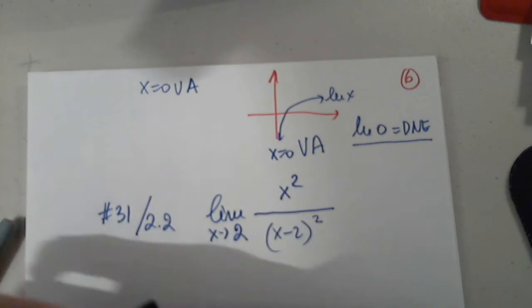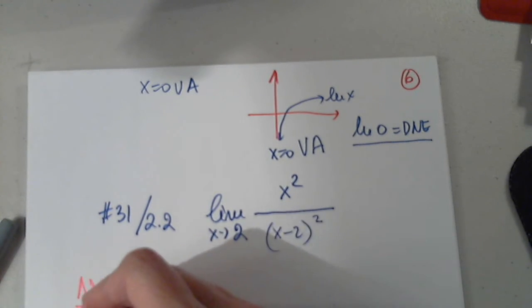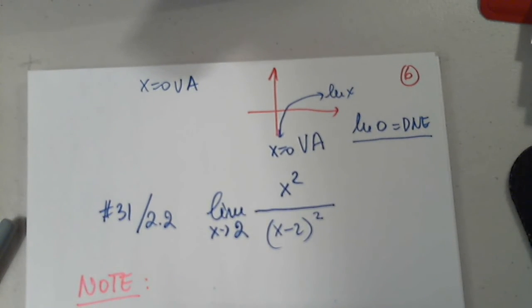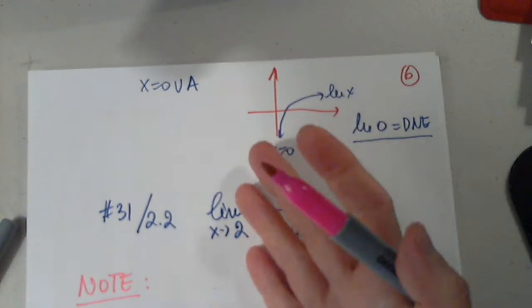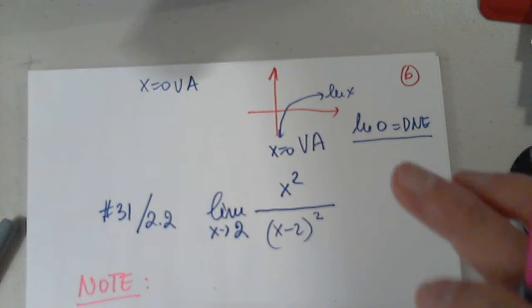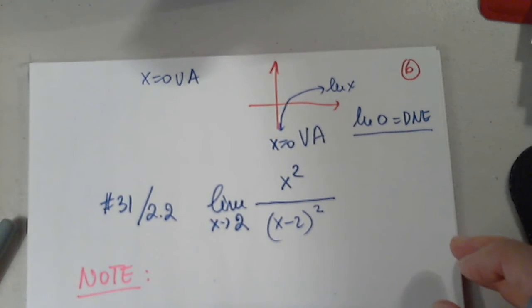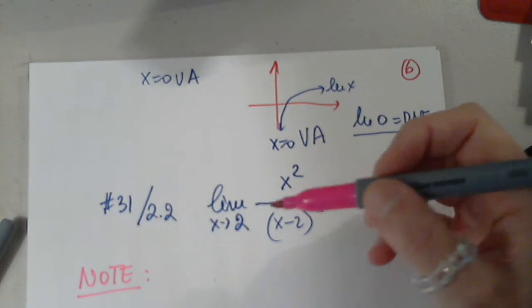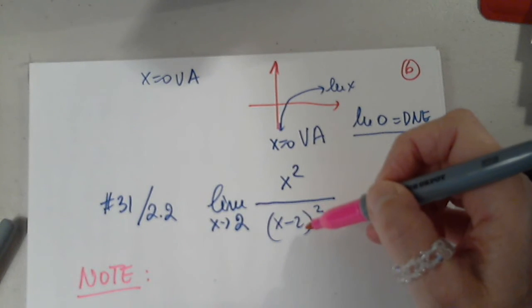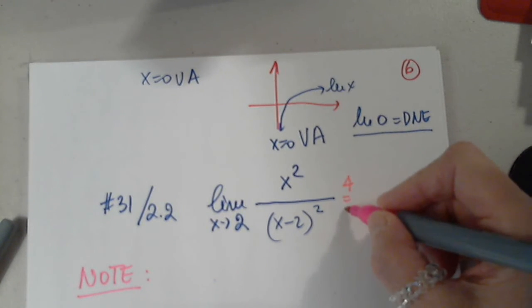Now we need a very important note here, so please remember it moving forward. When I plug in 2, because I have to, only to identify the type of limit, there are certain situations in which the answer will be just what we get. But when I plug in 2 here, I get 4 over 0.